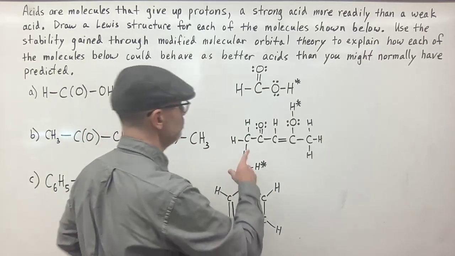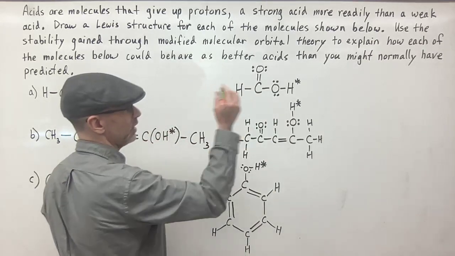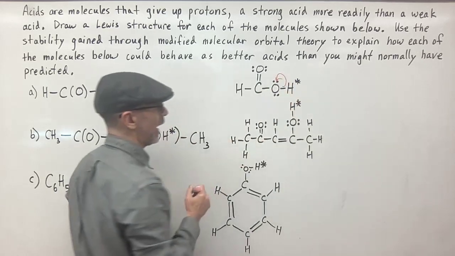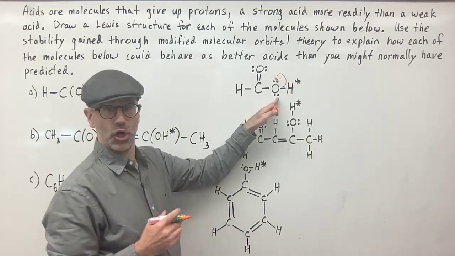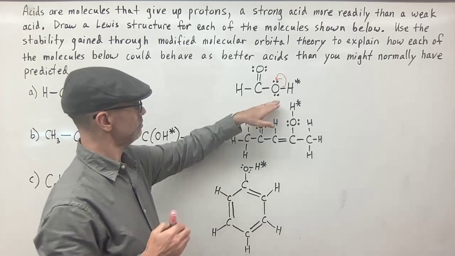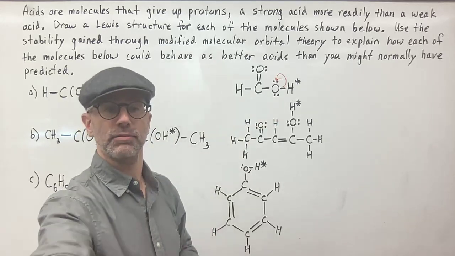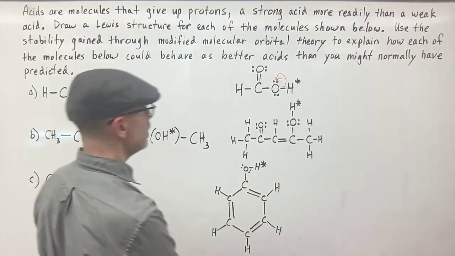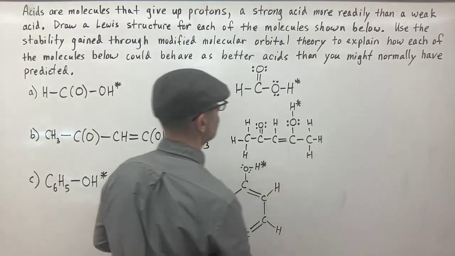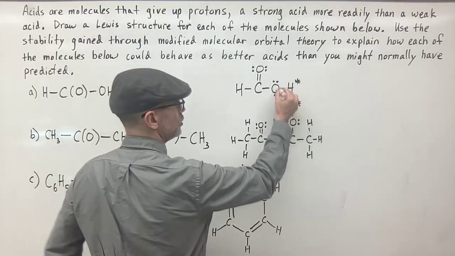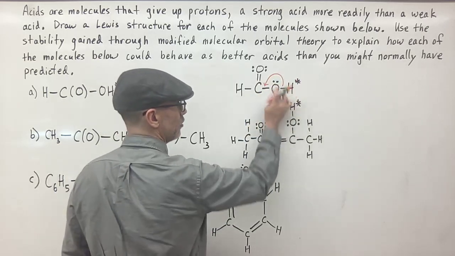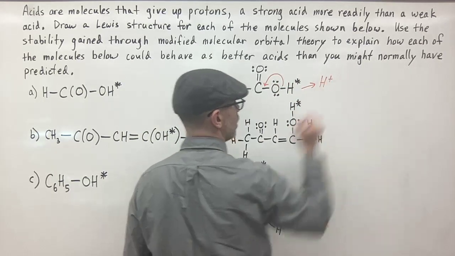Okay, so what I mean by this is what could happen is the electrons in the bond here can go and form a double bond here, breaking this bond here, giving off your H plus ion.